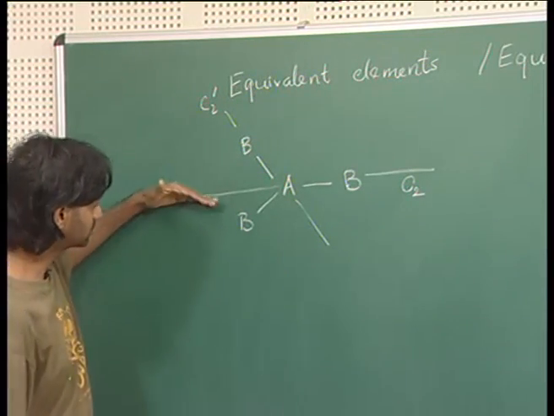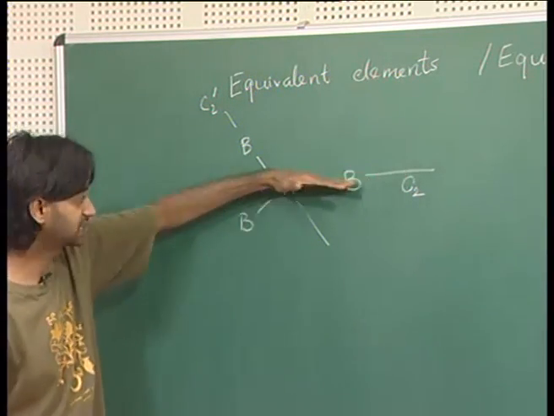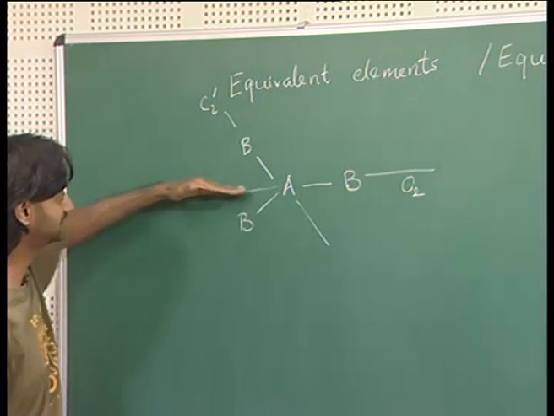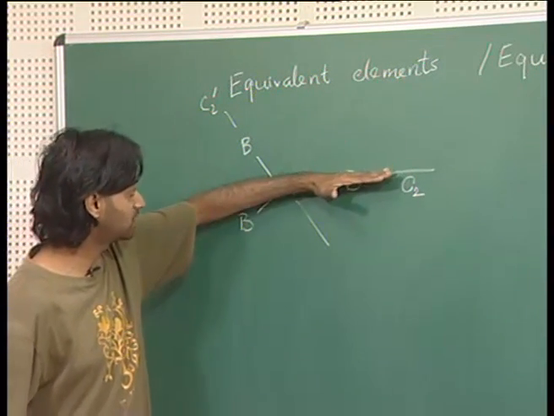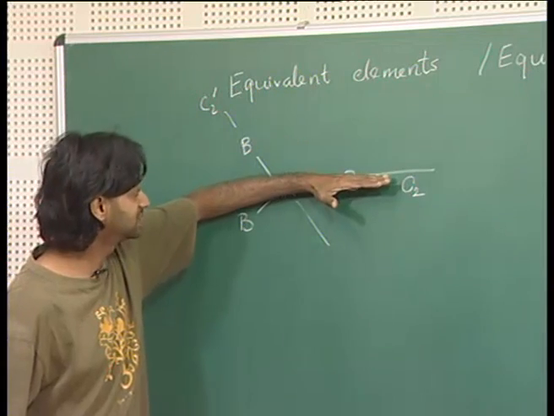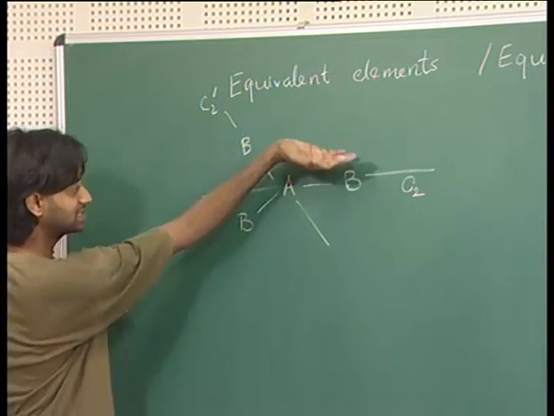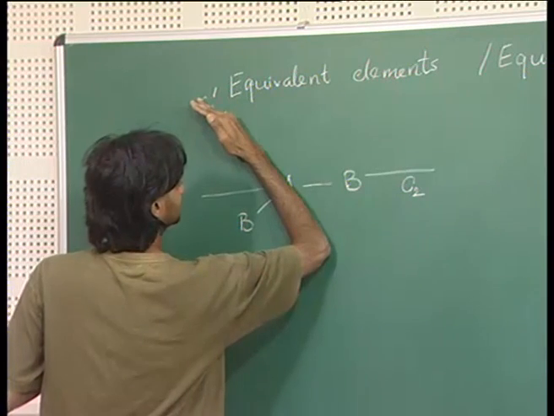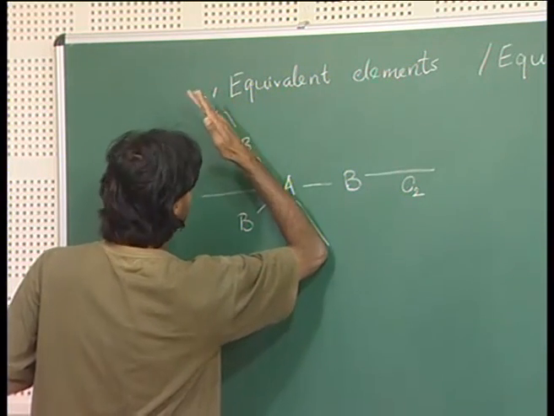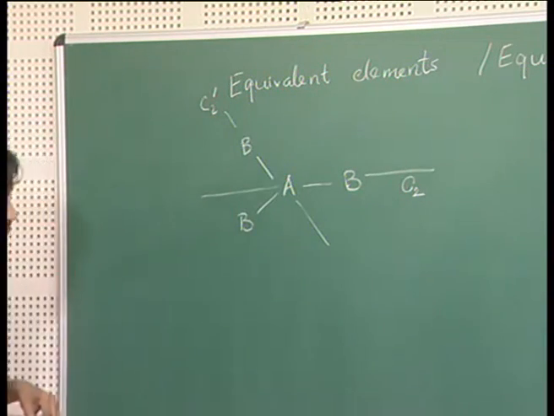So, suppose I take this line, suppose I imagine I have this axis. If I do a C3 operation, then this axis will turn by 120 degrees and come to this. Then it will start pointing along C2 prime.